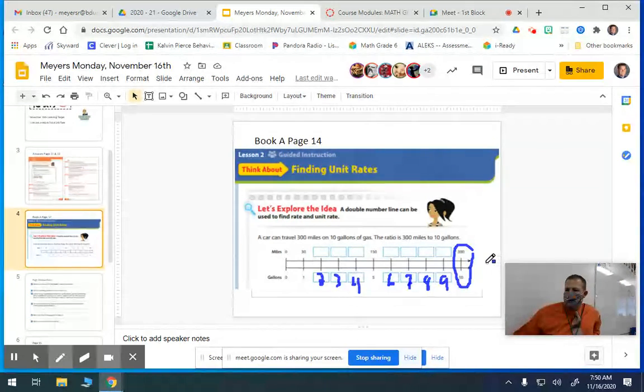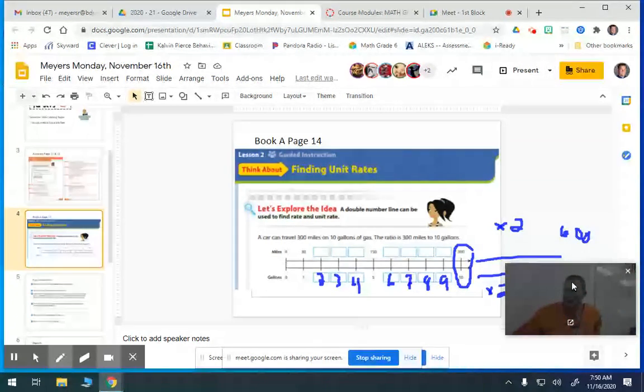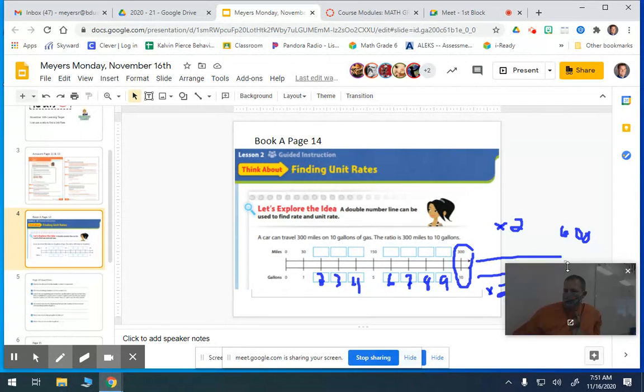We could also double this ratio. If our number line kept extending, we could double the ratio. And what's 300 times 2? Is 600, right? And then what is 10 times 2? 20, right? So what we can do is we can figure out equivalent ratios.